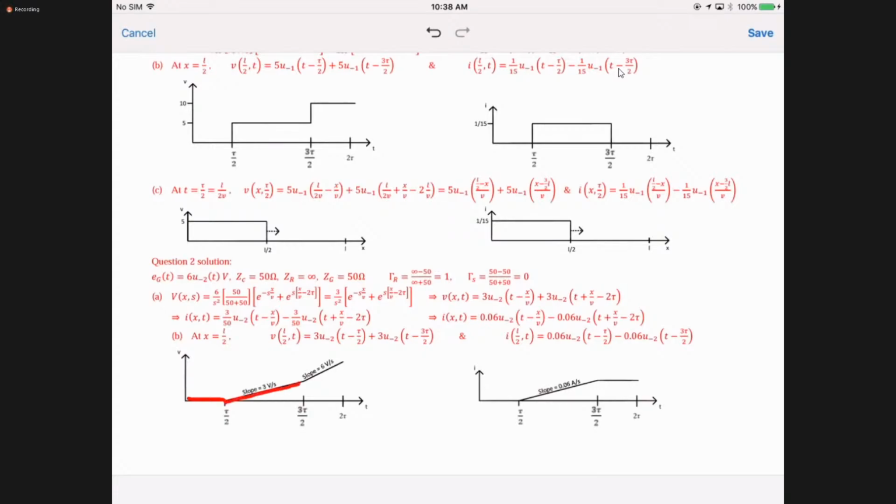And after the reflection, they add them together. So it will go twice the slope. And this is the ramp for the current. The ramp function is like this, but the reflection is negative. So it cancels out this part like this. So this will be like this.